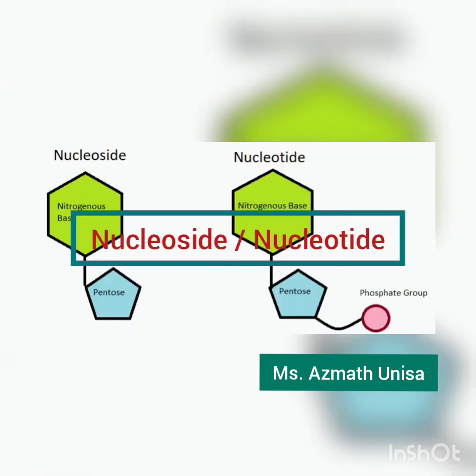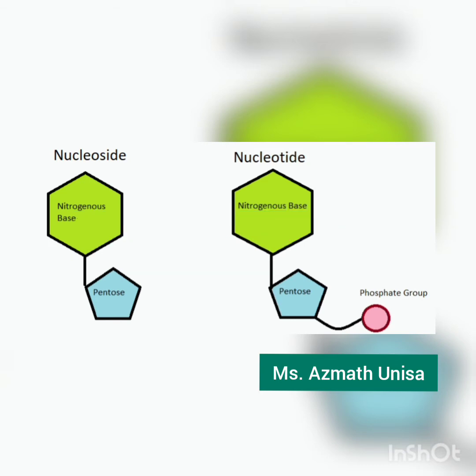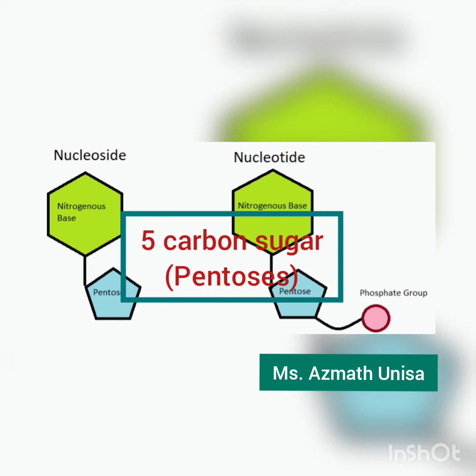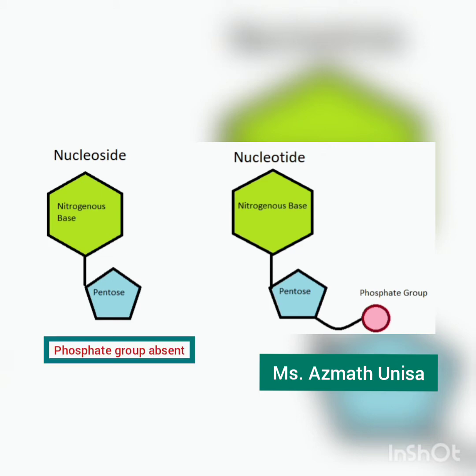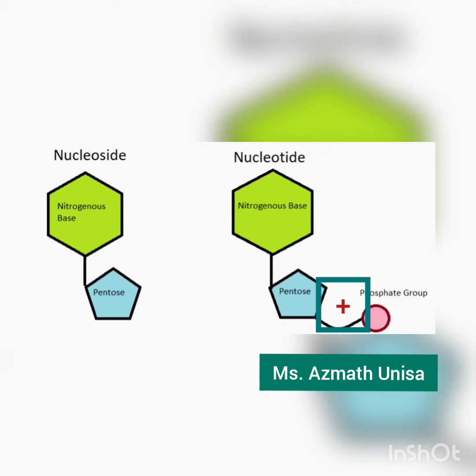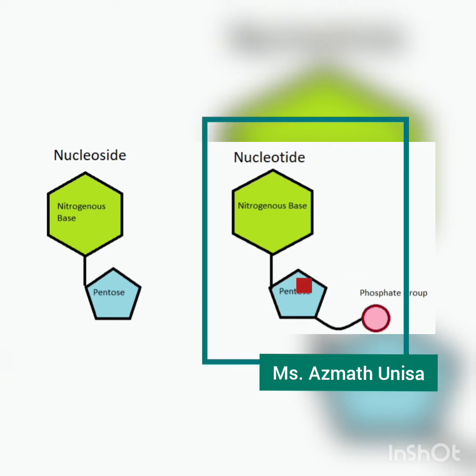Let's see nucleosides versus nucleotides. A nucleotide should not be confused with nucleosides, which are also a 5-carbon sugar with a nitrogenous base. Nucleosides do not have a phosphate group, and when a nucleoside is bound to a phosphate group it yields a nucleotide.